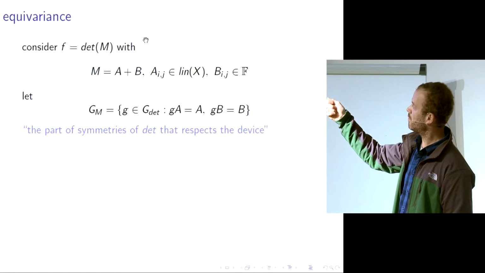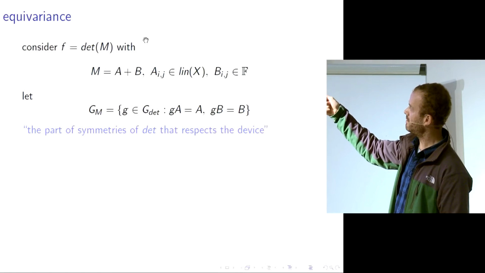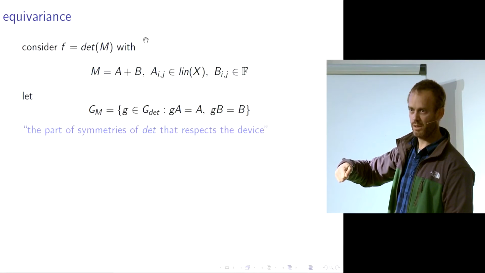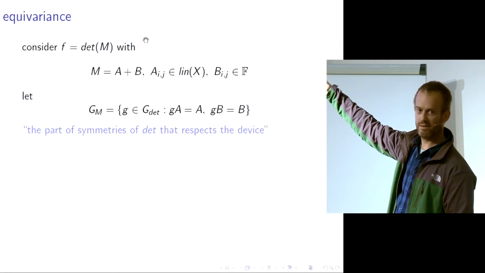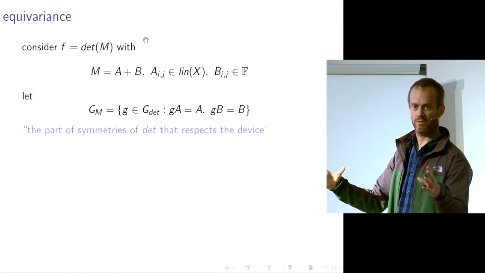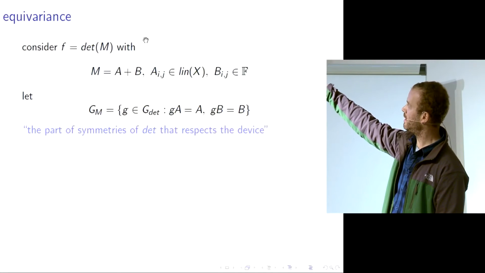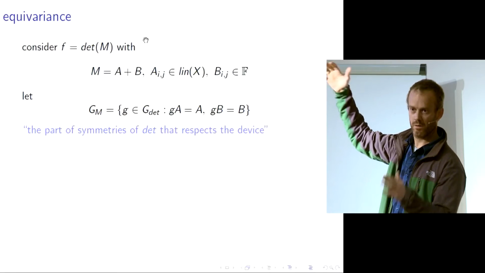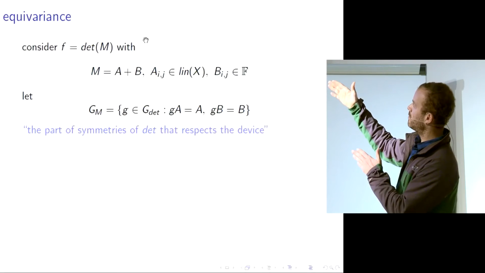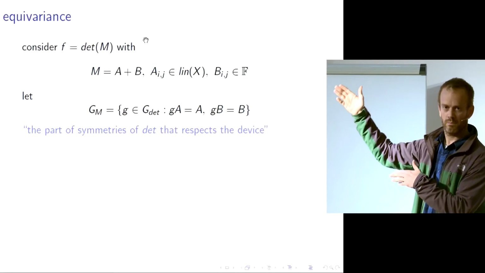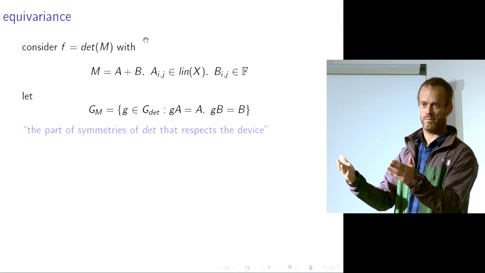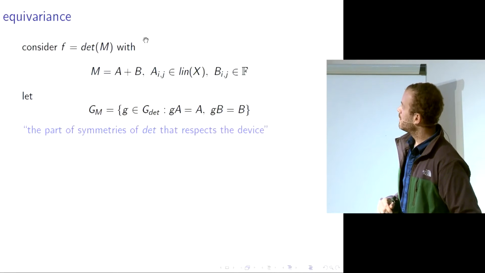So we can look at the set of matrices that fix the determinant and also fix M, fix the device. What does it mean to fix the device? It means that when we act on the linear part, we get the same matrix, and when we act on the constant part, we get the same matrix.